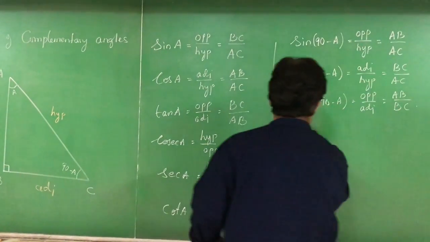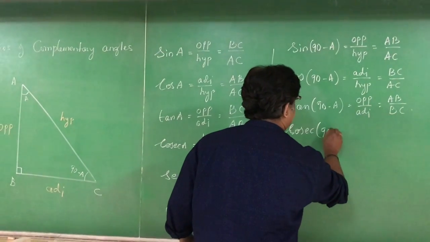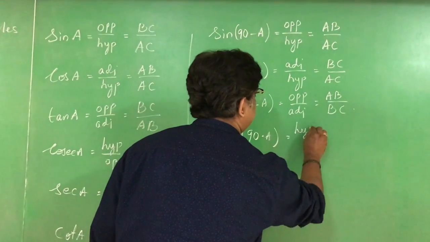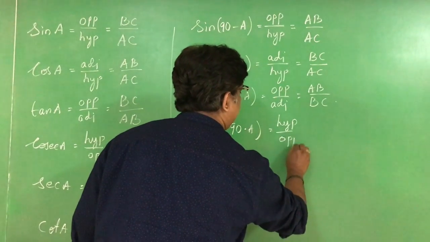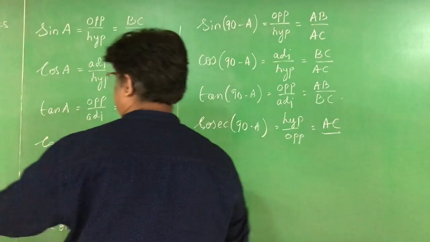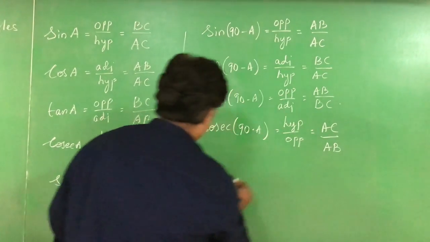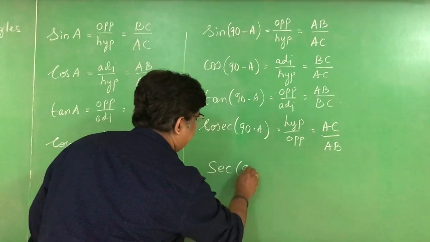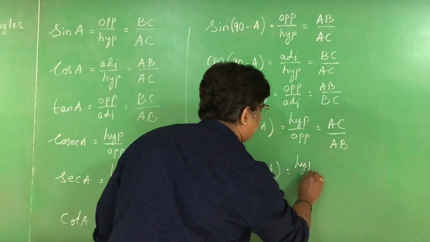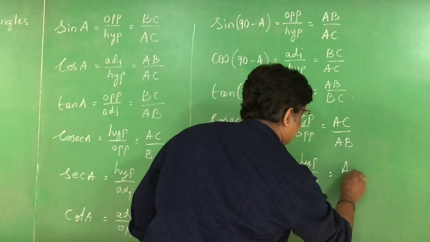Then cosecant 90 minus A. Cosecant theta is equal to hypotenuse by opposite. Hypotenuse is AC. With respect to 90 minus A, the opposite is AB. The next comes secant 90 minus A. Secant theta is equal to hypotenuse by adjacent. Hypotenuse is AC.